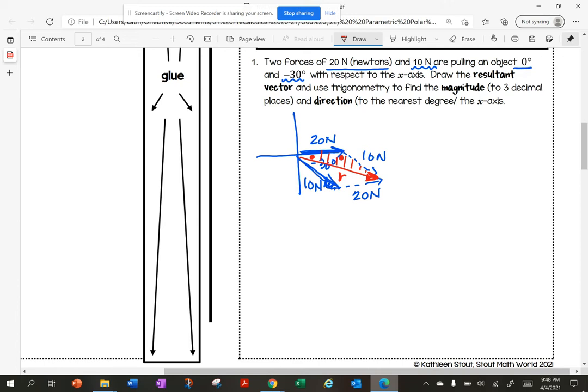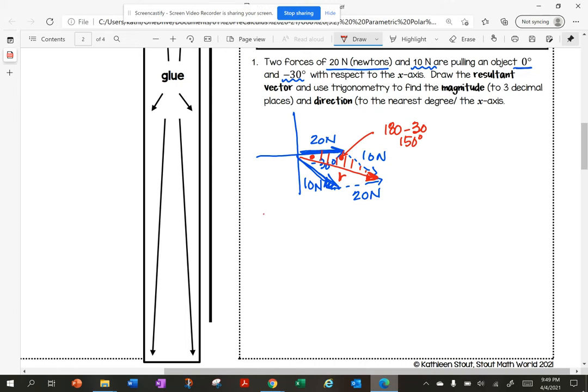So if I know this angle is minus 30, I know two consecutive angles on a parallelogram are supplementary. So this angle is going to be 180 degrees minus 30 degrees, which is 150 degrees.